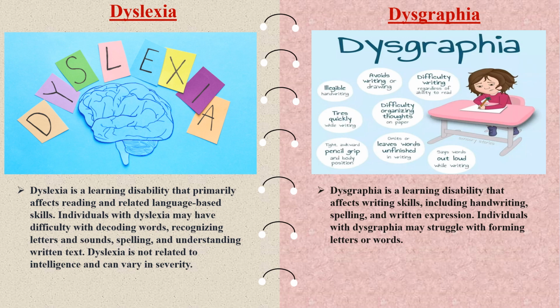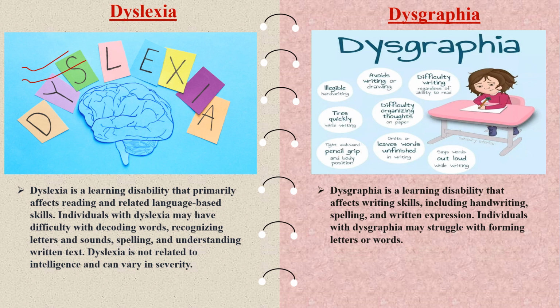And the next is dysgraphia. This is the diagram of dyslexia. Now we will see what is dysgraphia. We can see that dysgraphia is a learning disability which is primarily linked with writing skills or fine motor skills.